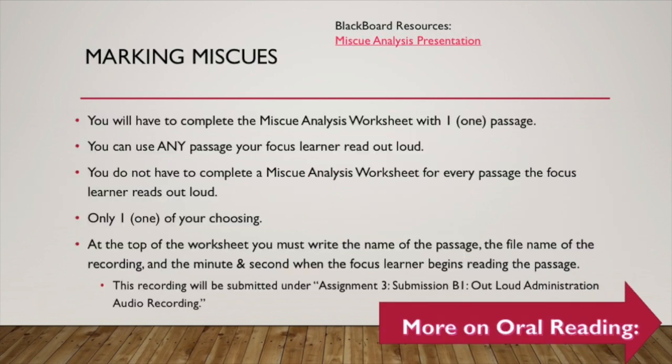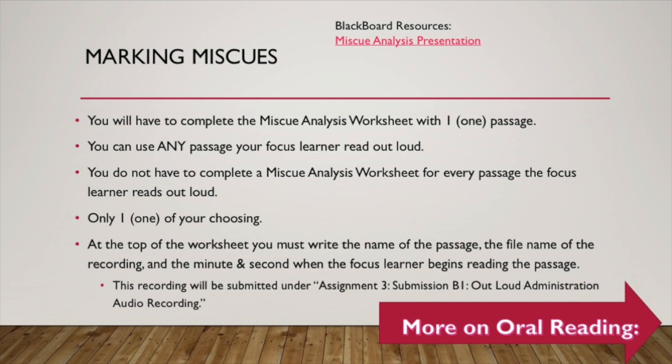You will need to complete one miscue analysis worksheet with one of the passages read out loud. For instance, you may start on a 5th grade instructional level passage, but after administering oral fluency and comprehension questions, you may have to go down to a 4th grade level or even a 3rd.